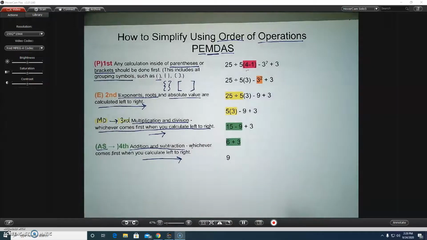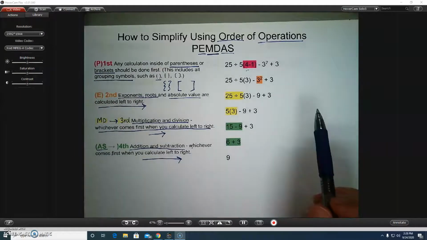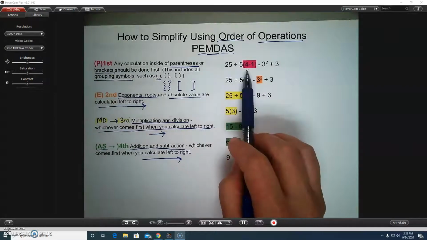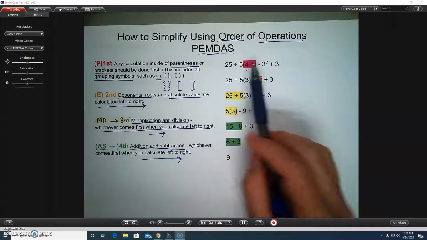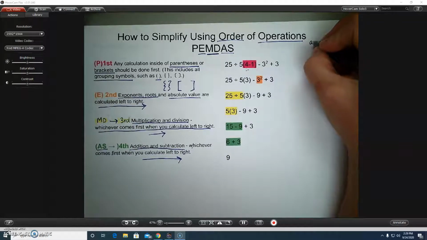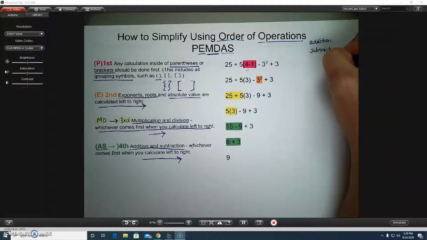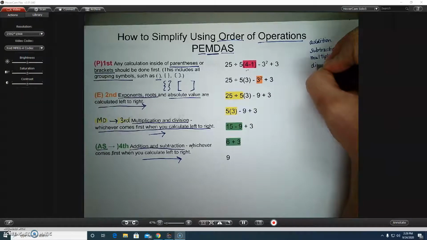So let's take a look at our example, and then we're going to do a couple other examples working through. So we said we need to do parentheses first when there is an operation going on inside of it. So operations can be addition, subtraction, multiplication, division, or something to do with exponents.